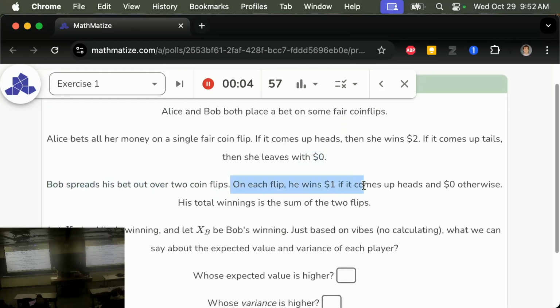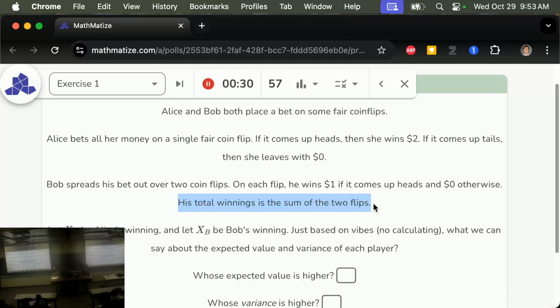On each flip, he wins $1 if it comes up heads and 0 otherwise. This description is I heads 1 and I heads 2. I heads 1 says 1 if it's a heads and 0 if it's not, and there's the first flip and the second flip. Then it says his total winnings is the sum of the 2 flips. So what I've done is take this text and convert it into random variables. Bob's winnings X is equal to what he won on the first flip plus what he won on the second.